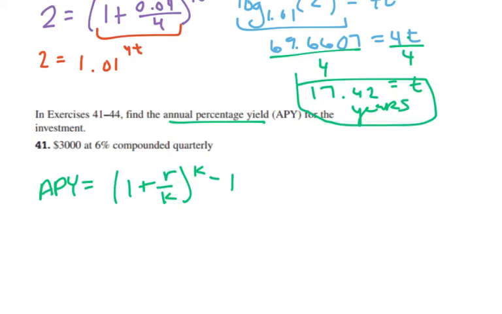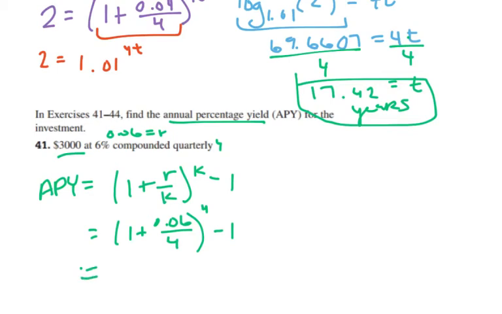Let's see, our R is going to be 0.06, and the 3,000 is going to help us at the end when it asks us for the value of the investment. So we're going to do 1 plus, compounded quarterly, 0.06 over 4, to the K, which is 4.